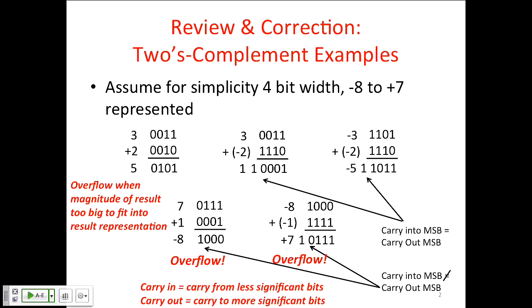So overflow is the term you use when the magnitude of the number is too large to represent. Underflow we'll get to later when we talk about floating point. Underflow is when the magnitude is too small to represent. It doesn't happen with integers because when you add, subtract, multiply integers, you get more integers, and they're never too small. They're always going to fit in the word, but they may overflow, right? So both these cases are actually overflow.